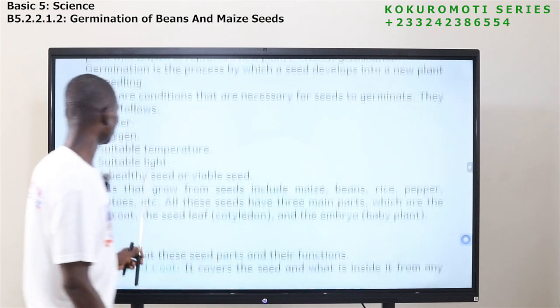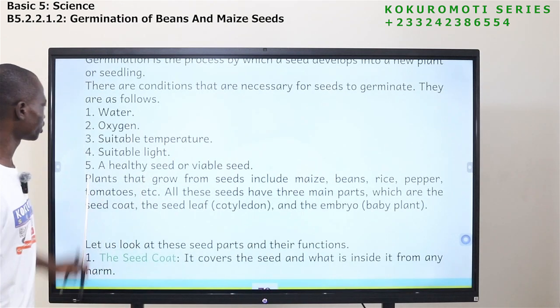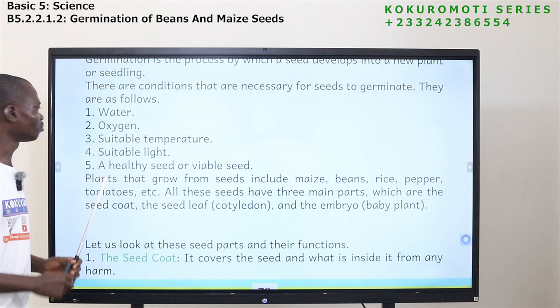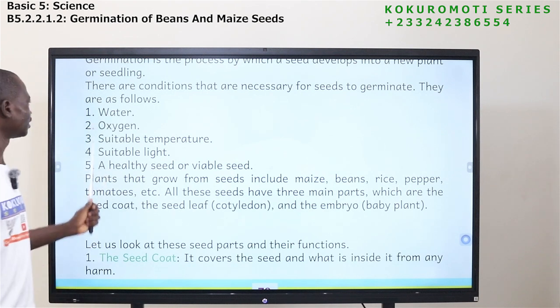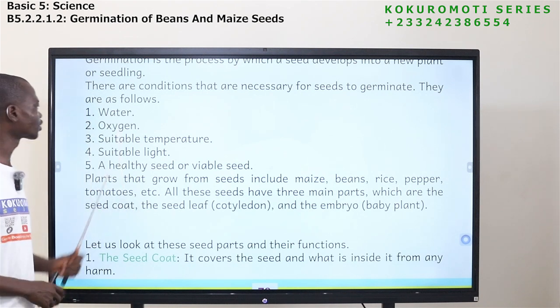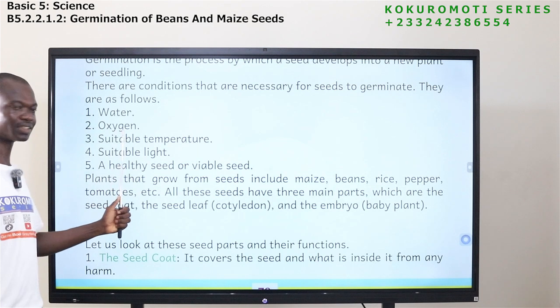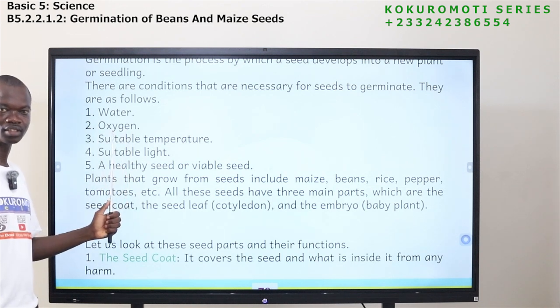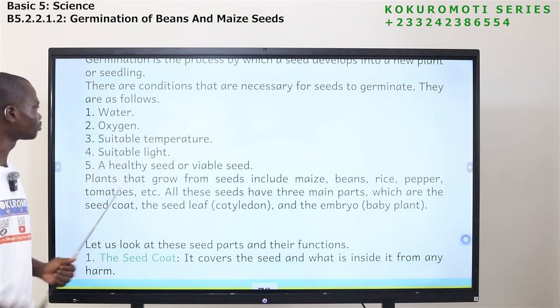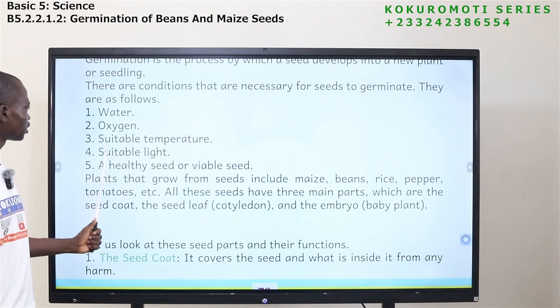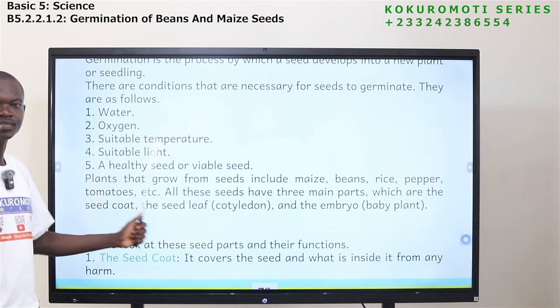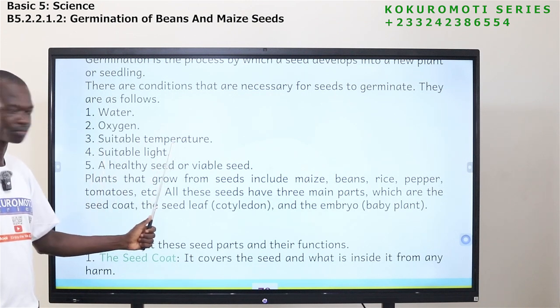So here, these are the conditions. Before a seed can germinate, the seed needs water, oxygen, and suitable temperature.